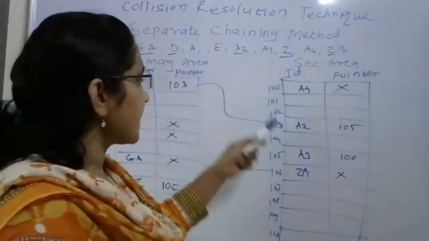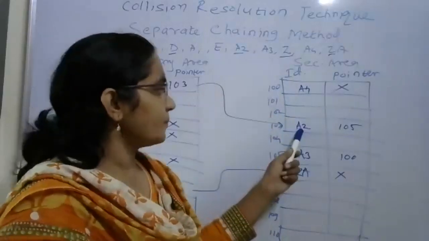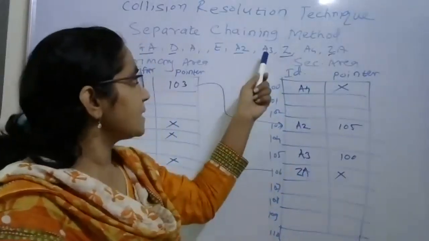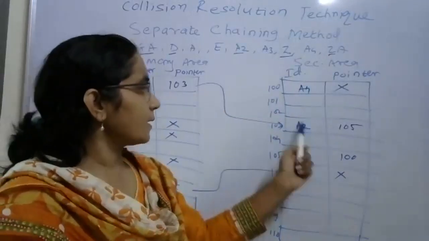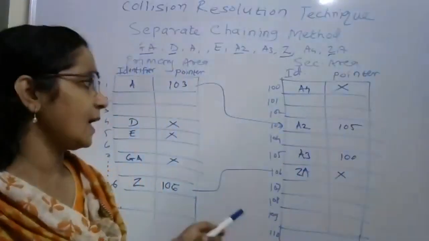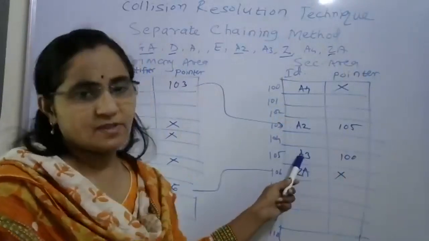So the next is A2. Suppose here I give 103. At 103, the next identifier will be kept. Then there is another, A3. Then again I write any random value from the secondary area, and that is 105. So at 105, the next identifier A3 will be stored.